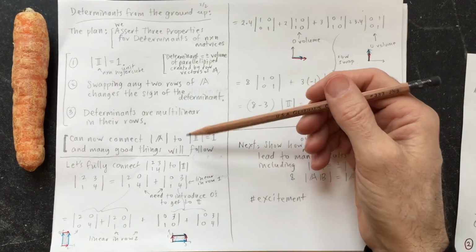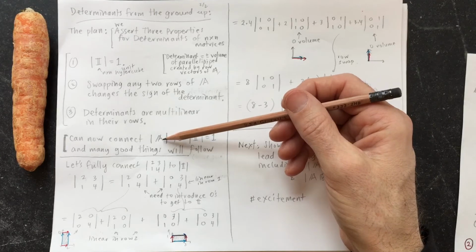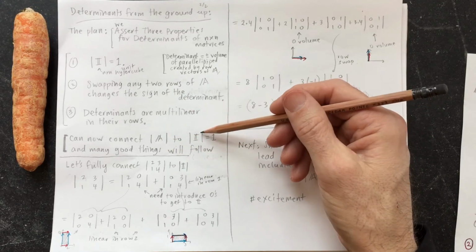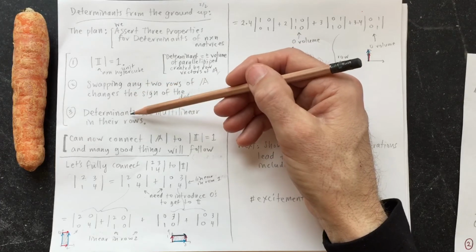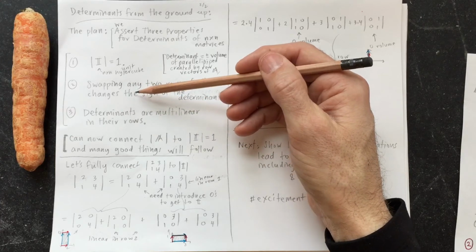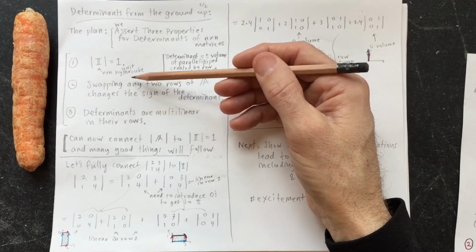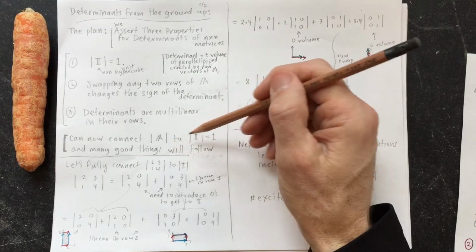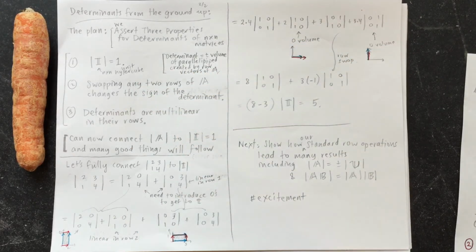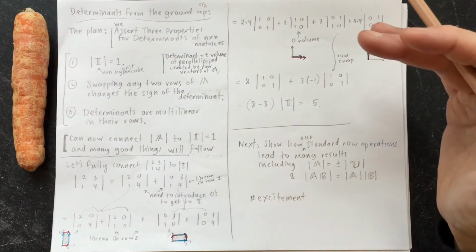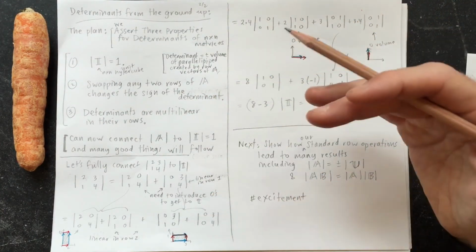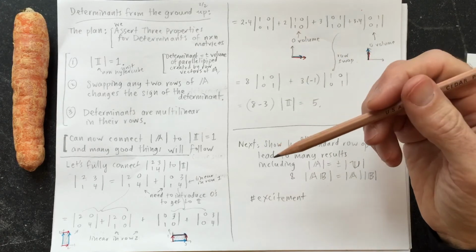And the idea is we can connect any determinant to the determinant of the identity by doing these things, right? We can use multilinearity and then row exchanges to move from A to the identity. And so we'll just do a simple example here. The next part will be getting back to our standard row operations and showing how we can use all of those in a good way.